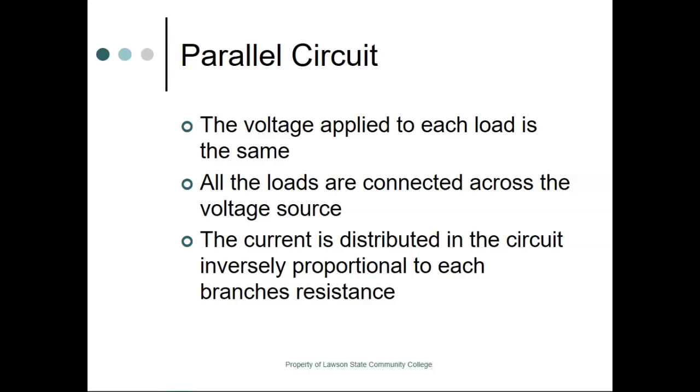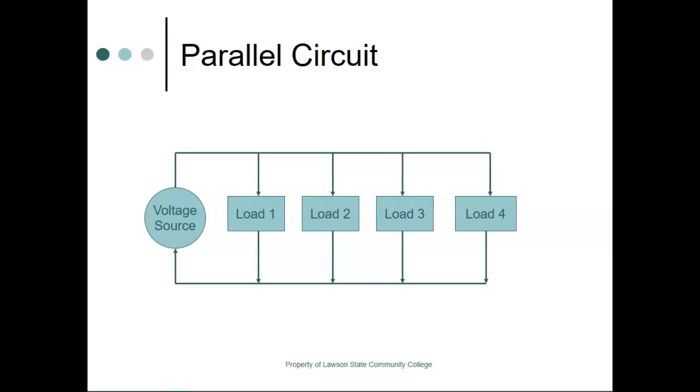All right. We won't go deep into parallel circuits right now because that's the next chapter. But just understand that the voltage applied to each load is the same. They're all connected across the voltage source. The current is distributed in the circuit inversely proportional to each branch's resistance. Like I said, we'll get deeper into that another day.